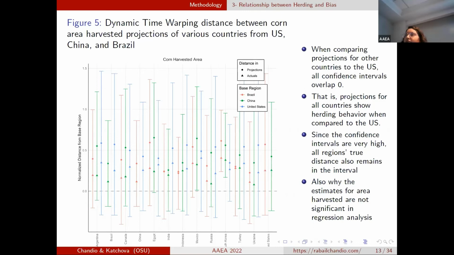Yields are historically very flat, which is why, even though all the projections are correlated with the US, we don't necessarily see clearly whether those projection correlations are rational or irrational. If this triangle and this circle are very close together, this is considered a rational distance. If they're like 3 times farther apart than that, it's still considered rational because we just generally have very large confidence intervals here.